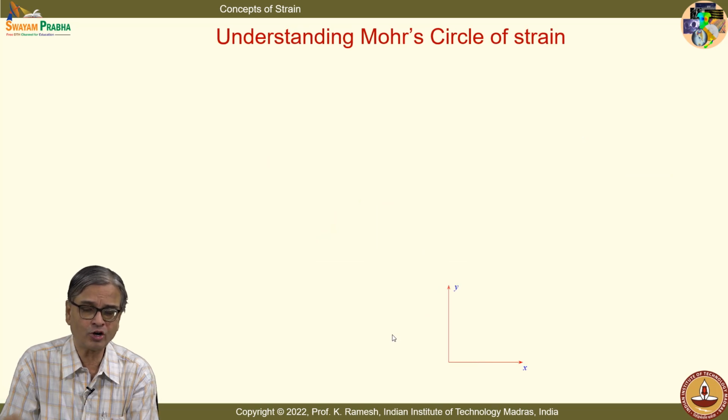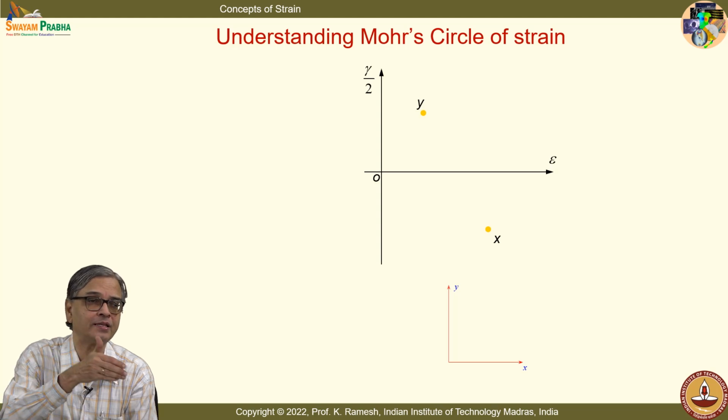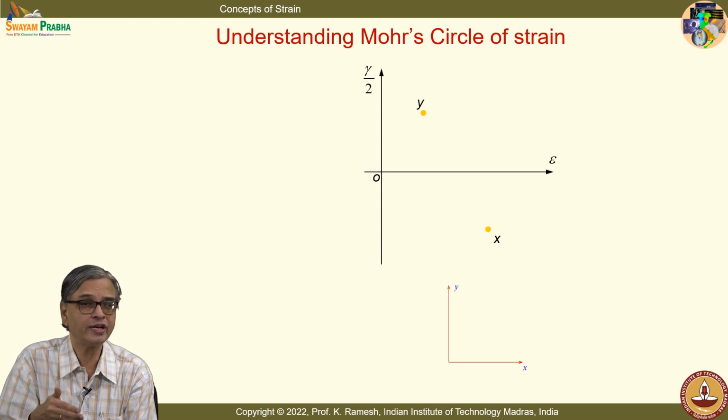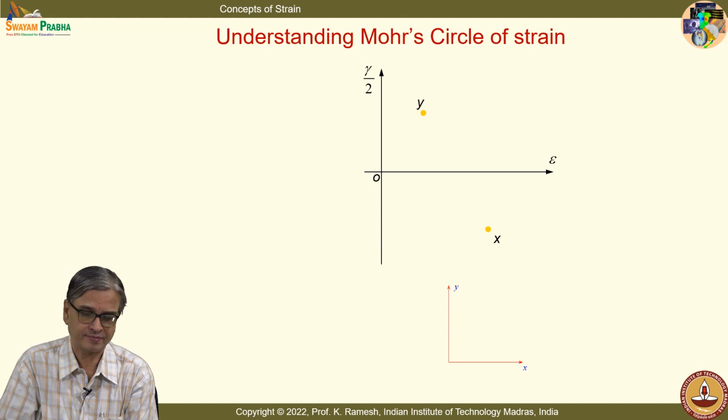And similarly, what we have seen in the case of stress, we can also appreciate when you have a circle, I have infinite points forming the boundary of the circle. So, it gives you all the complete information of what is the value of strain on all these directions.